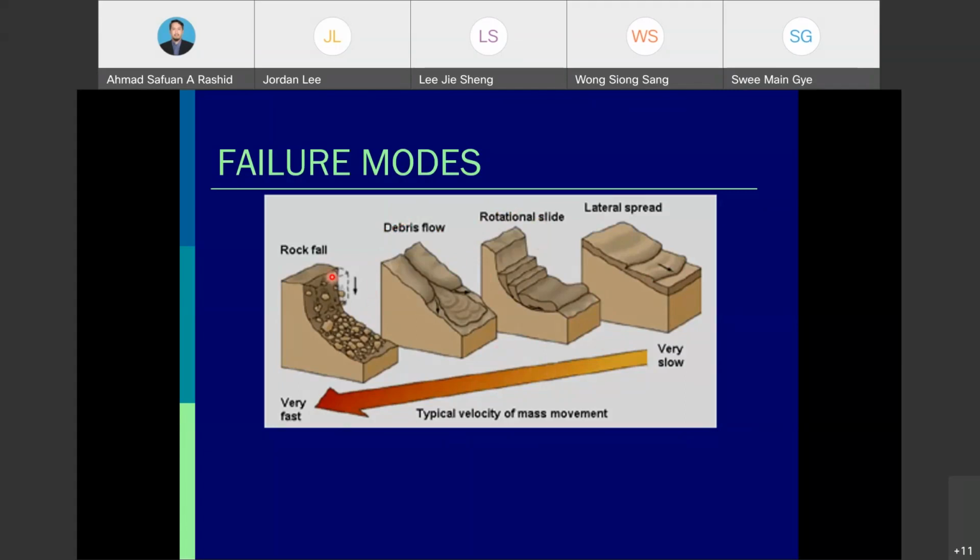And the rockfall, I guess in 2004, there was a rockfall in NKVE.